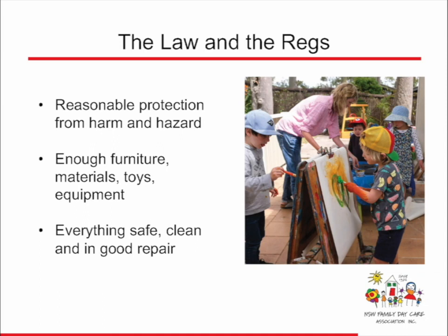They need to make sure that the premises and all equipment and furniture used in providing family daycare is safe, clean and in good repair, and that's found in regulation 103. The laws and regulations are designed to keep children safe while in your care.